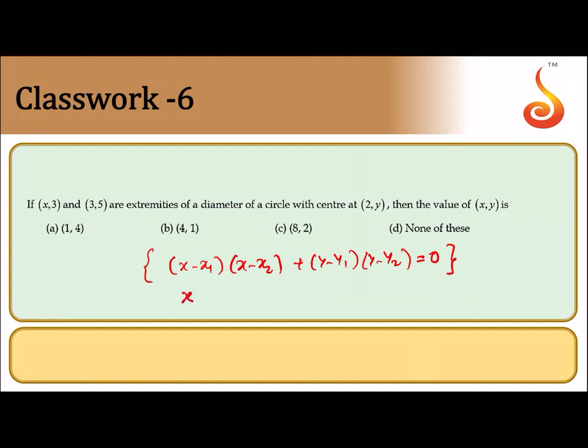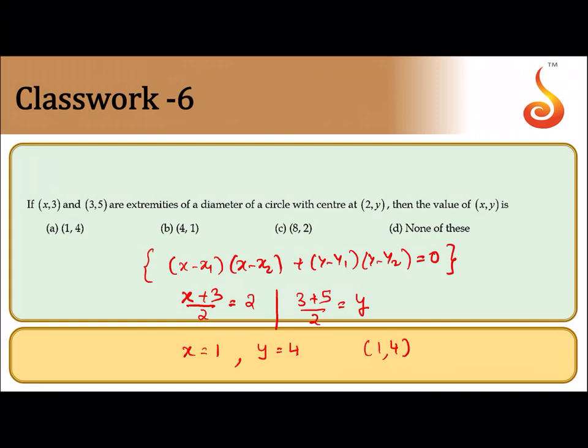Or what we have to do is the midpoint. So x plus 3 by 2 is equal to 2 and 3 plus 5 by 2 is equal to y, as this is the midpoint. So we get x equal to 1 and y is equal to 4. x equal to 1 and y equal to 4, 1 comma 4.